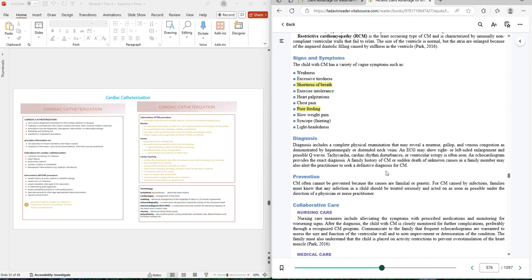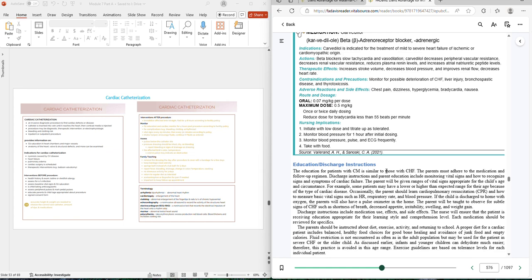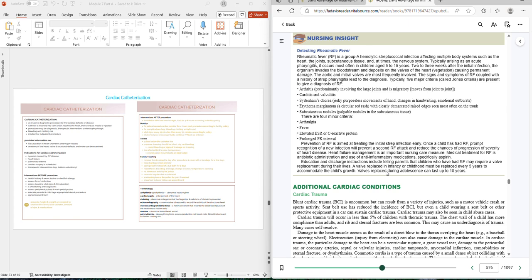Let's look on page 577. And it's talking about detecting rheumatic fever, which is important. Nursing insight. Okay, so rheumatic fever.